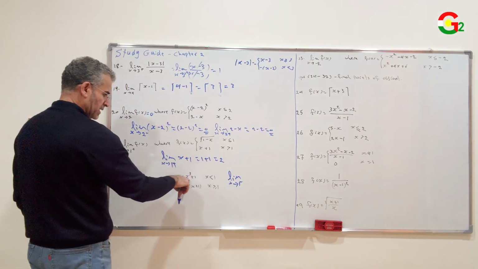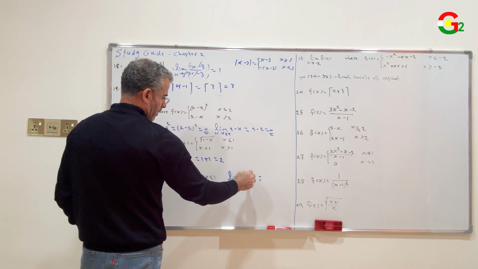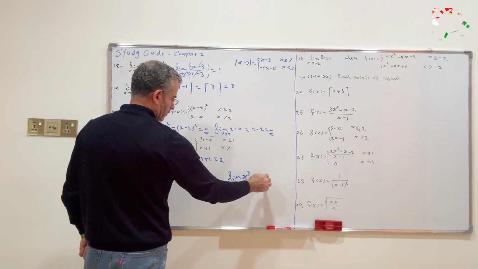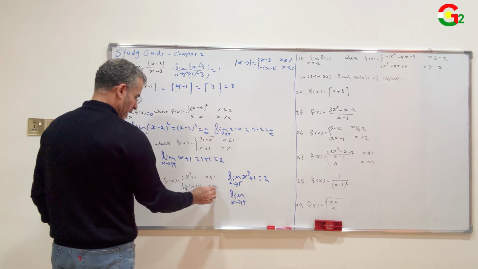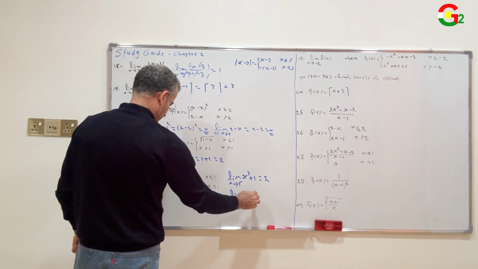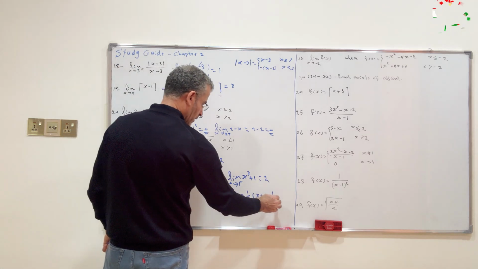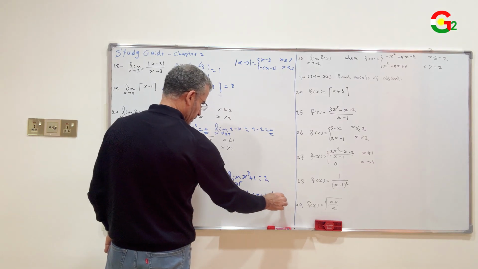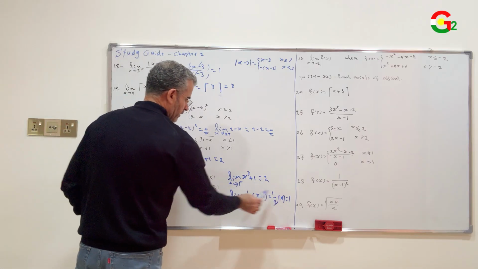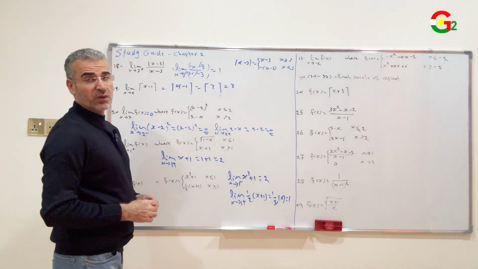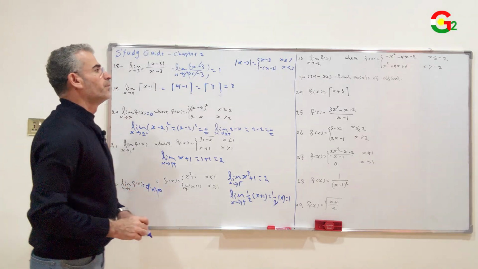From the left, when x is less than 1, substitute in this segment: 1 to the power 3 plus 1, which is 2. The limit as x approaches 1 from the right, when x is greater than 1, the function is 1/2 x plus 1, which is 1/2 times 1 plus 1, equal to 1. Since the limit from the left is not equal to the limit from the right, the limit does not exist.